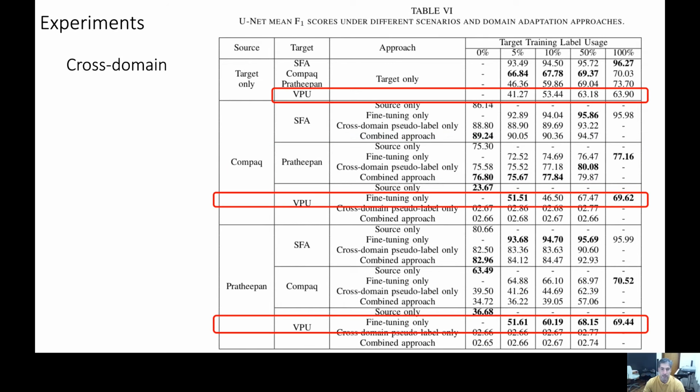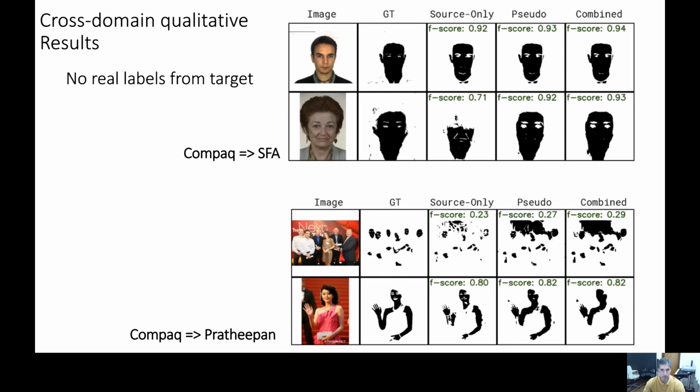On the other hand, VPU confirmed our expectation of being the most challenging dataset for domain adaptation with pseudo-labels due to the domain shift level. However, substantial gains were observed with regular fine-tuning. Qualitative results.